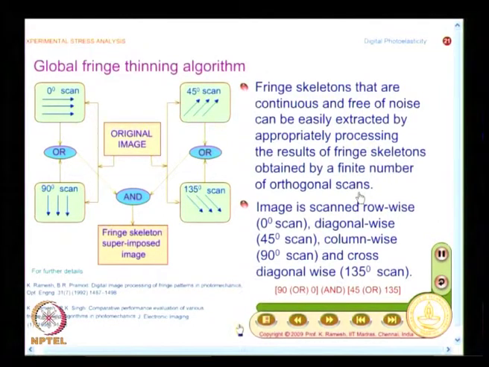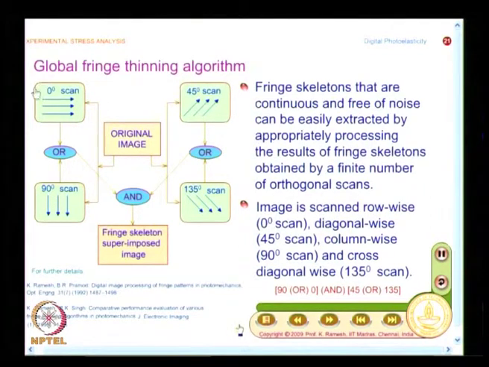There is no iteration involved, and in this case we use only 4 scans. I have a 0 degree scan, 45 degree scan, 90 degree scan, and finally a 135 degree scan. If you really look at them, they are essentially orthogonal scans.